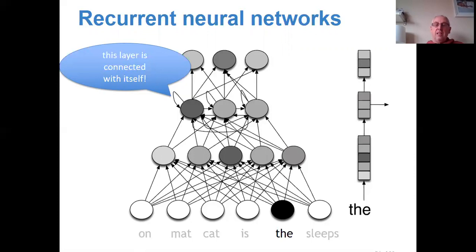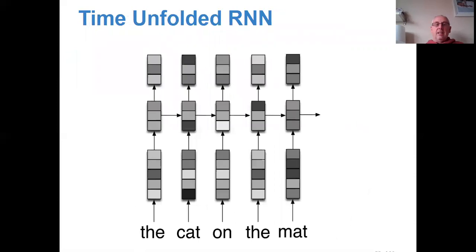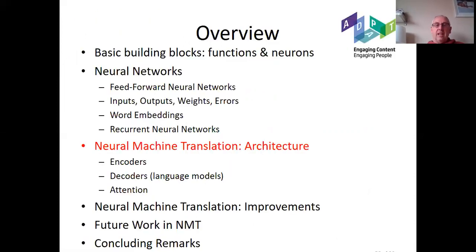You can see the first set of gray nodes is equivalent to the state of the first hidden layer, and then the second hidden layer, and then the output layer. And here is the time unfolded RNN for the whole sentence, the cat on the mat. This is equivalent to the RNN. It's just we're not showing all of the connections at the same time.